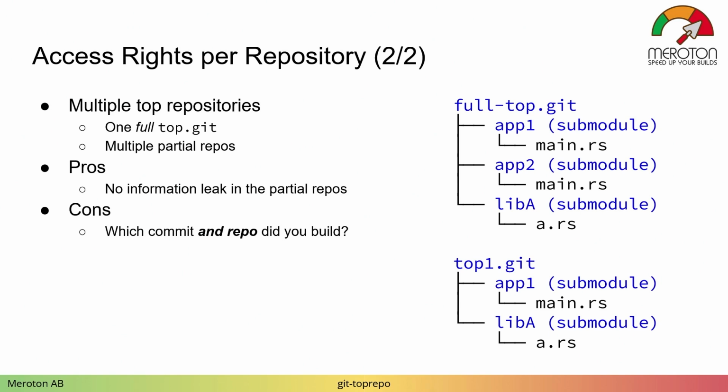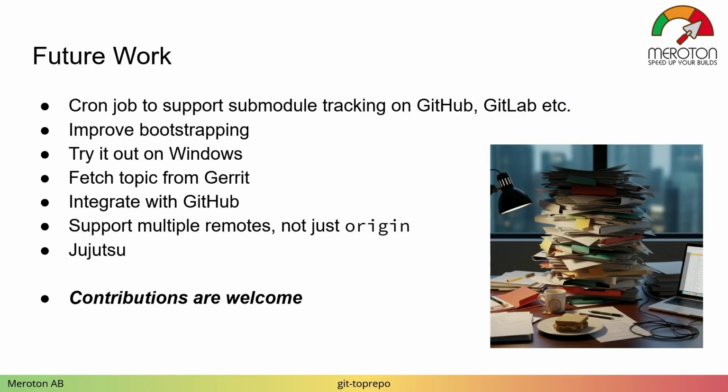Another way is to have multiple top repositories that have some modules, some have just parts, but it's good to still have one that maybe admins access and which you can filter from. The problem is, what SHA-1 did I build when I built app 1? Did I use the SHA-1 from the full top or from top 1? That's not easy to know.